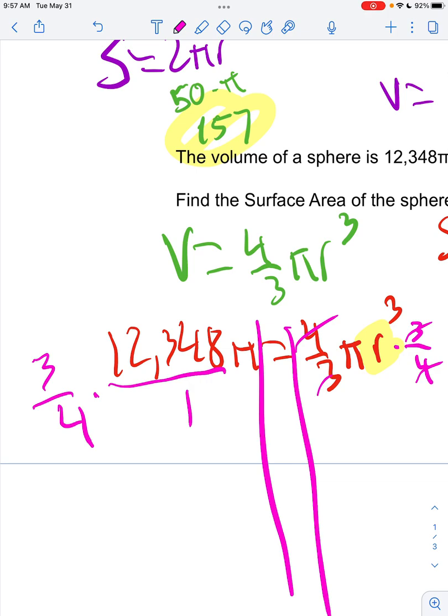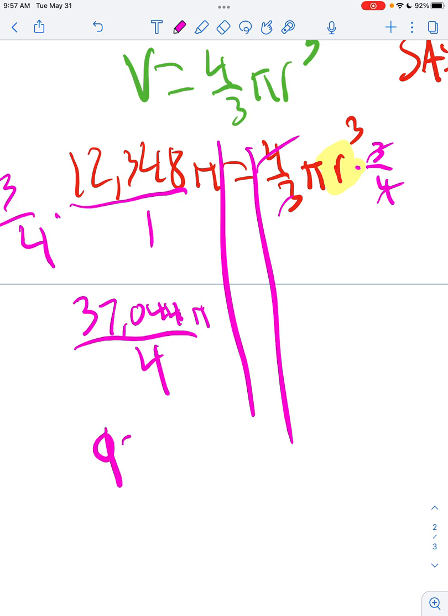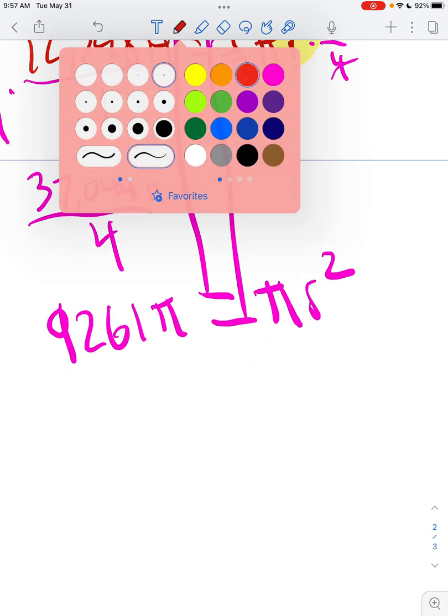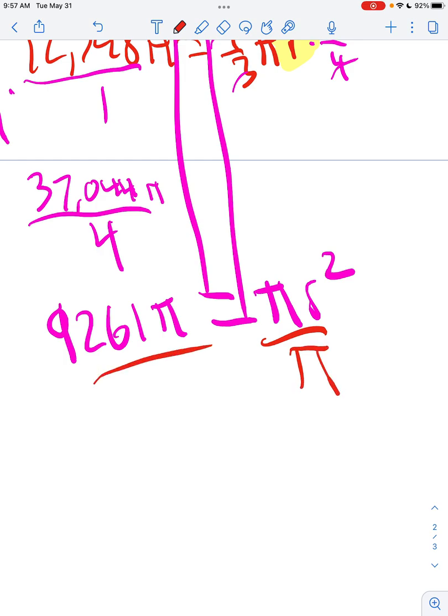I'm going to keep that pi there for right now. Gives me 37,044 pi over 4. Let's divide it by 4, and we're going to get 9,261 pi equals pi times radius cubed. Well, let's divide pi on both sides, and it cancels out.